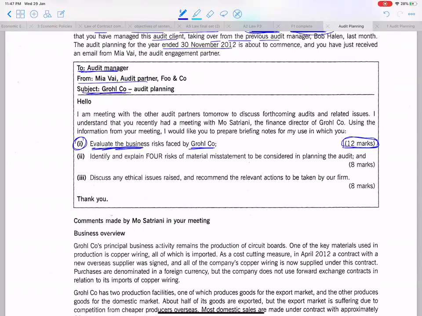Hello. I'm meeting with the other audit partners tomorrow to discuss the forthcoming audit and the related issues. I understand that you recently had a meeting with Mo Citriani, the finance director of Grahal. Using the information from your meeting, I would like you to prepare the briefing notes.